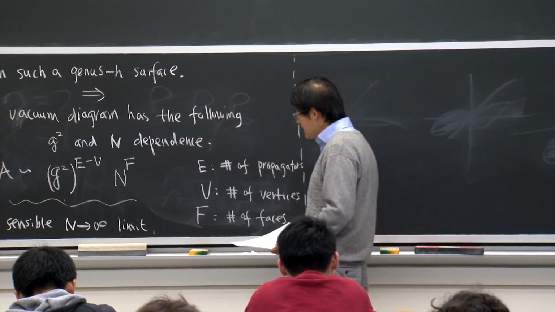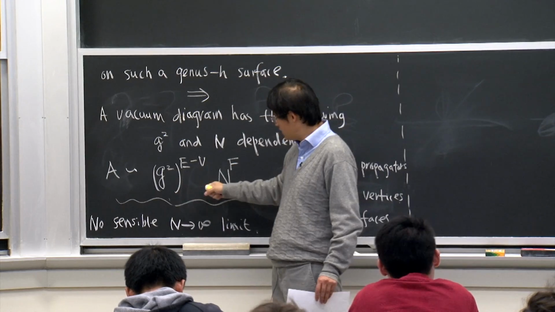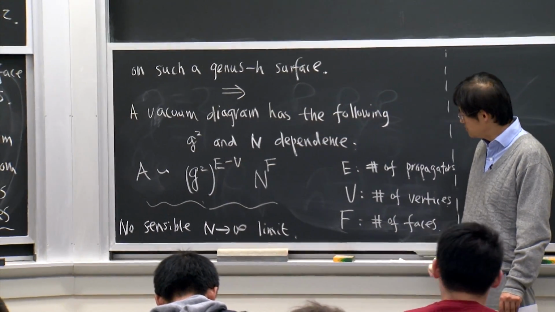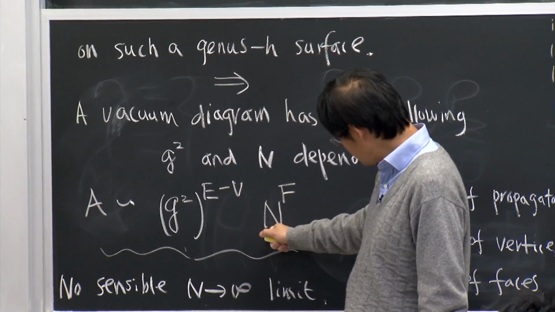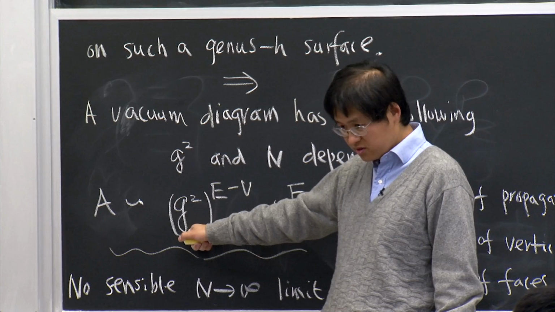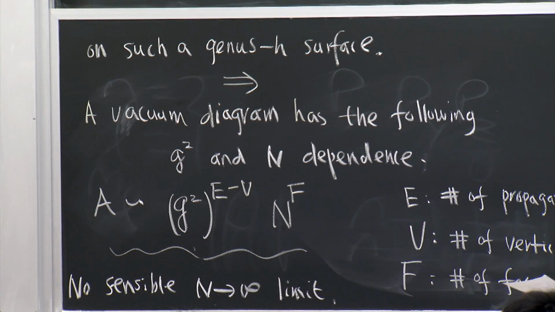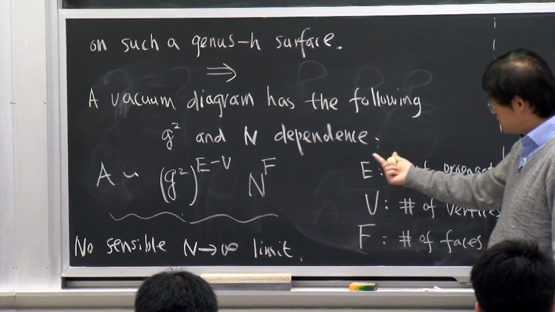He said, let me not consider this, because when I say this limit is not well defined, I made an implicit assumption. I made the assumption that when I go to the infinity limit, the g is kept fixed. So that's the reason.